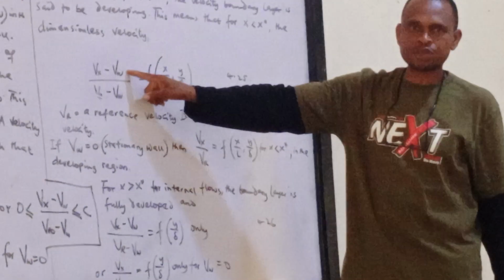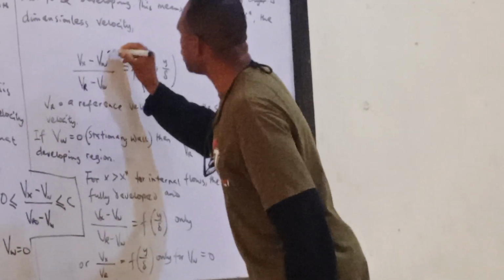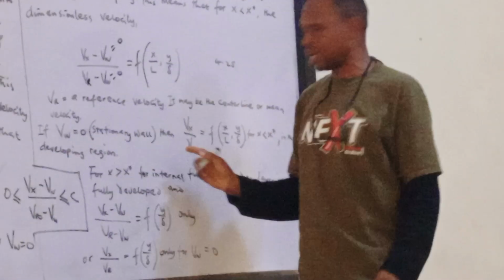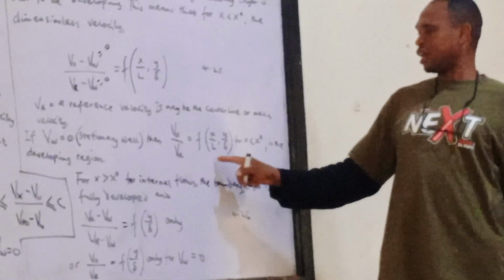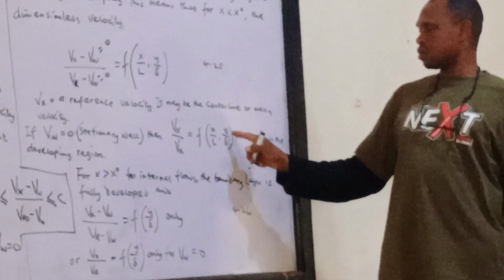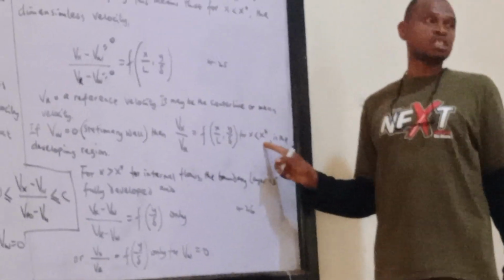You can see V wall is now equal to 0. So we now have this, and it's a function of x over L, comma y over L.